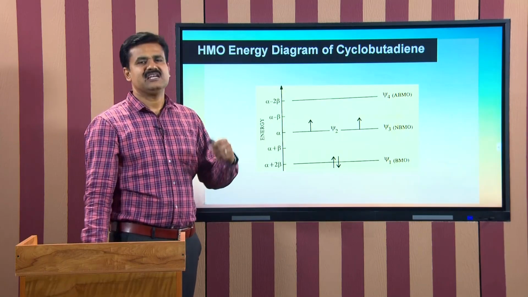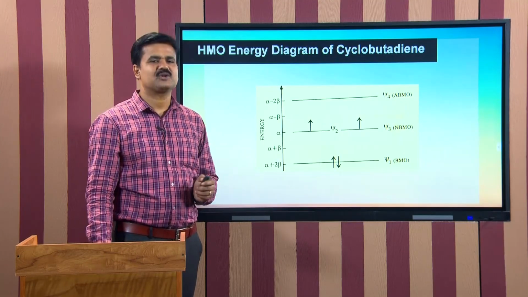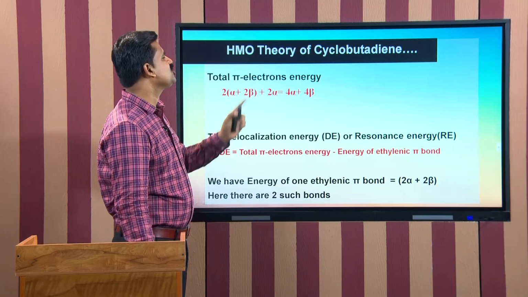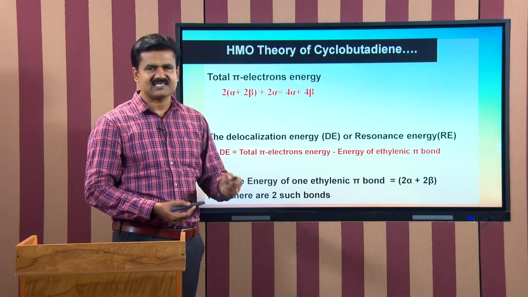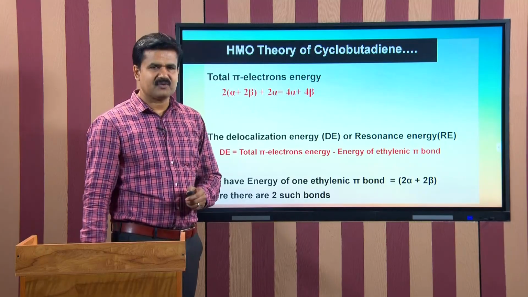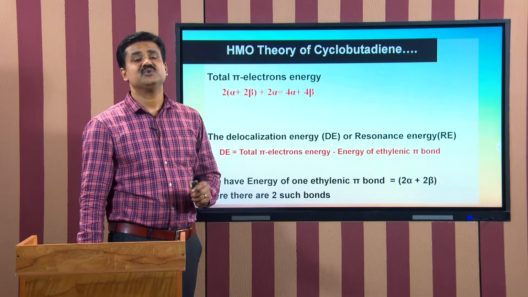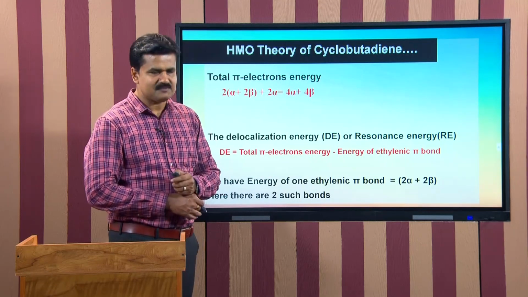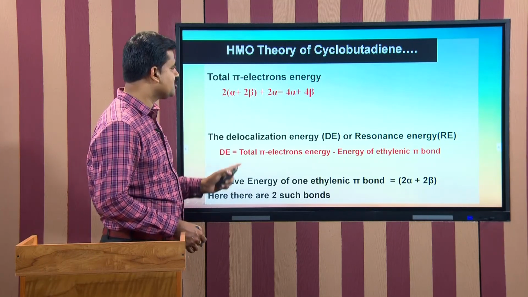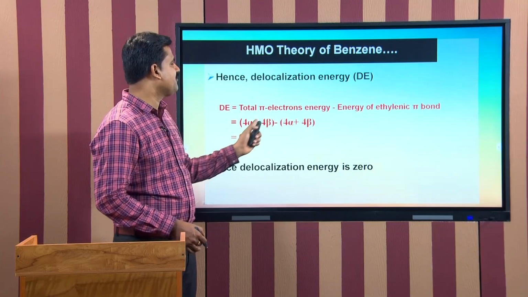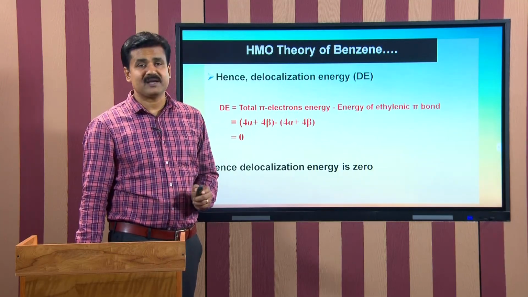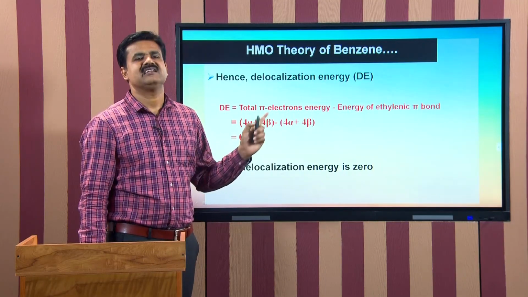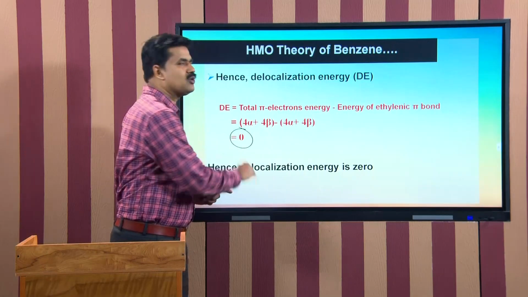This is about the electronic arrangement, and based on this electronic arrangement, it is possible to do some calculations, and the total pi electron energy of the system is equal to 4 alpha plus 4 beta, and we are now going to evaluate the delocalization energy or resonance energy of the system, and that is calculated to be equal to 4 alpha plus 4 beta minus, as 2 ethylene pi bonds are there, we have to deduct 4 alpha plus 4 beta, and the final value of the delocalization energy is equal to 0.